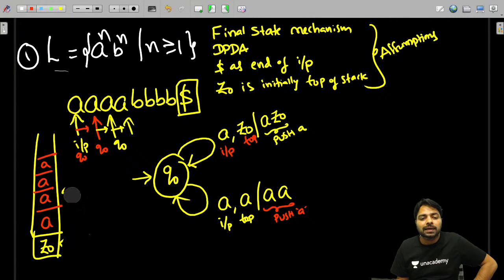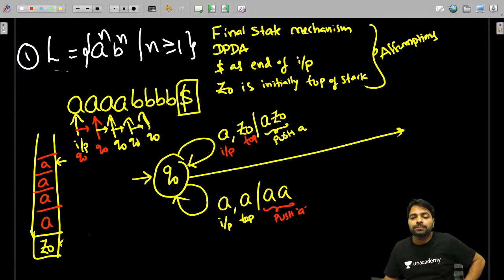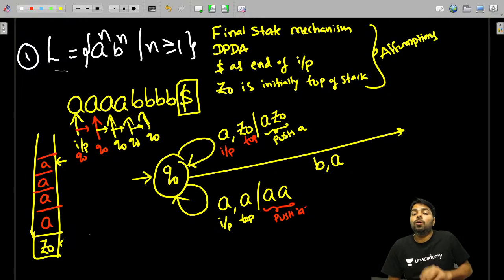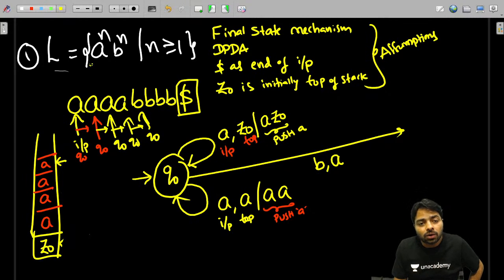And after some time what will happen? Q0 is pointing at B and the top of the stack is A. Now at Q0, if you see B as input and A as the top of the stack, there is no more push, because we have pushed all the A's. Now we need to start pop.